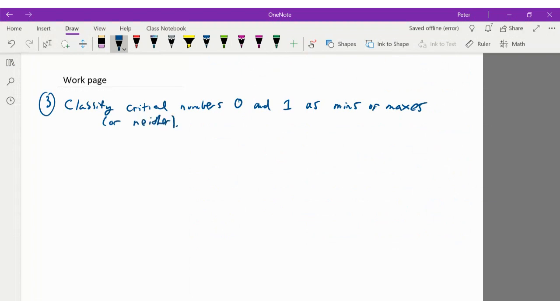So we know that f double prime of x, I'm going to use the second derivative test at first because it's kind of easier.